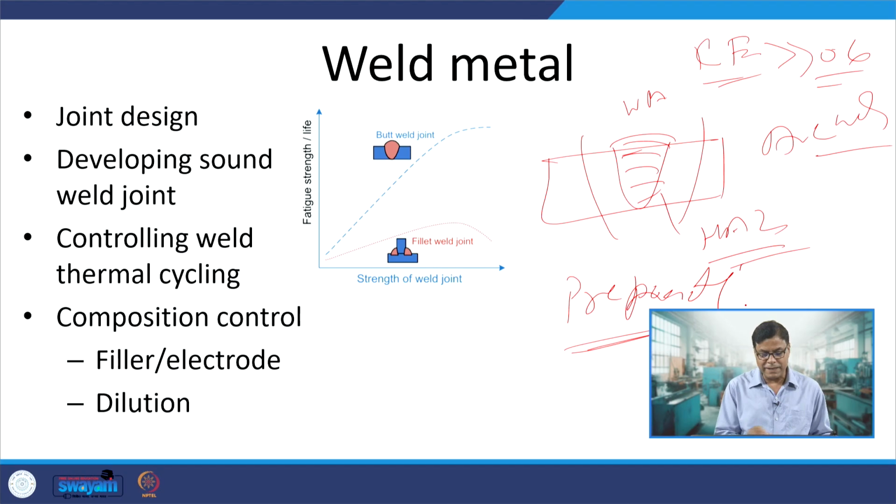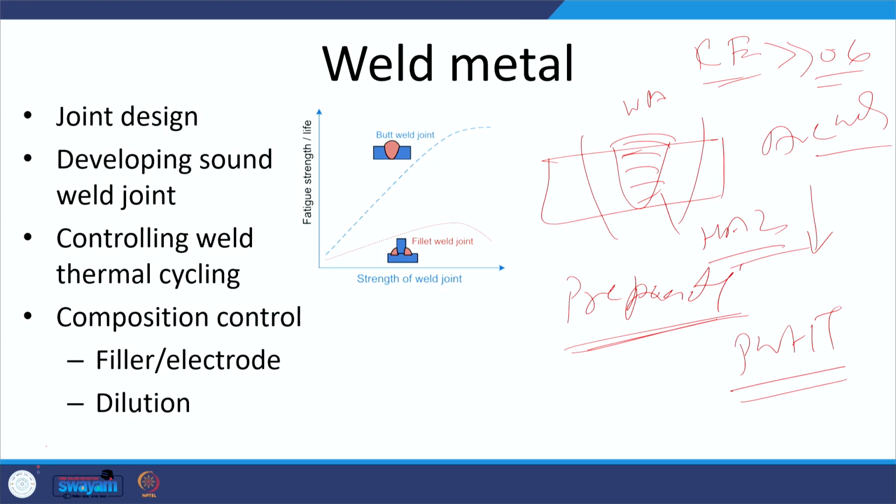So, the weld thermal cycle can be used to adjust the microstructure and mechanical properties to some level for improving the joint performance. Even if this is not doable, then we can go for post-weld heat treatment, so that the desired set of properties is realized.